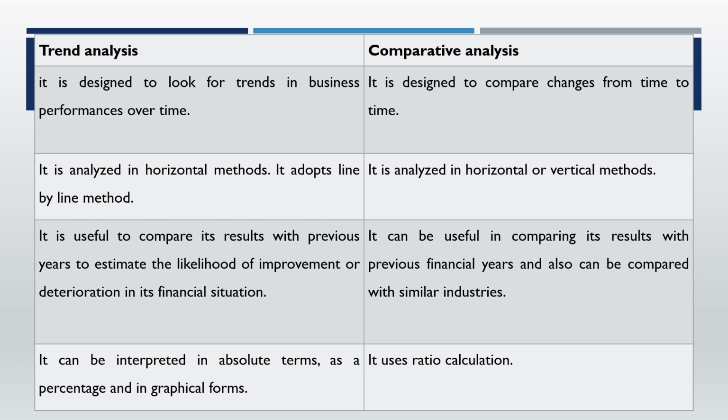Whereas comparative analysis is useful in comparing its result with previous financial years and also can be compared with similar industries. Trend analysis can be interpreted in absolute terms, as a percentage, and in graphical forms. But comparative analysis uses ratio calculations.